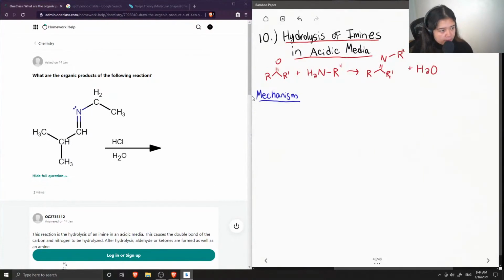And I'll just draw out our reactant. Okay.